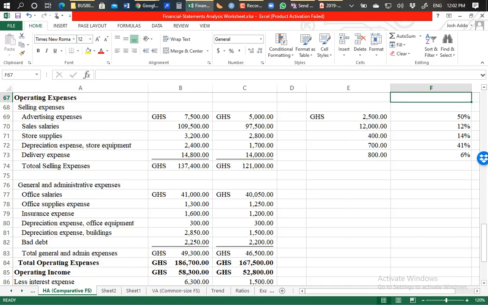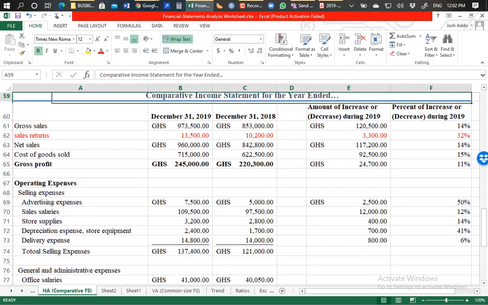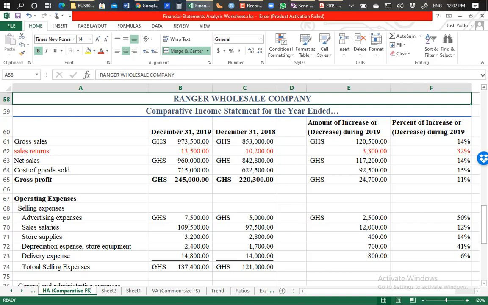The 50% increment is, in terms of CDs, 2,500. So we increase our advertisement from 5,000 to 7,500. So there is an additional advertising expenditure of 2,500 Ghana cedis, and it is generating sales revenue of 10%.